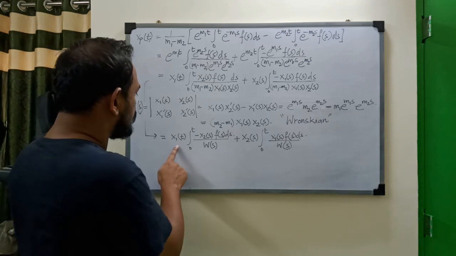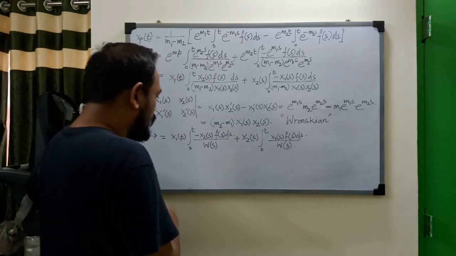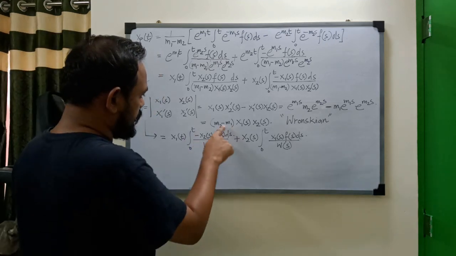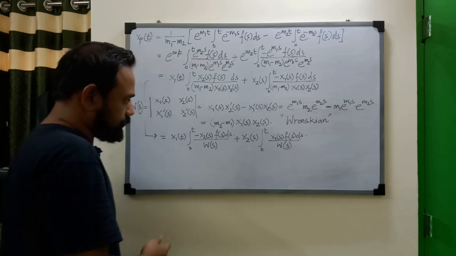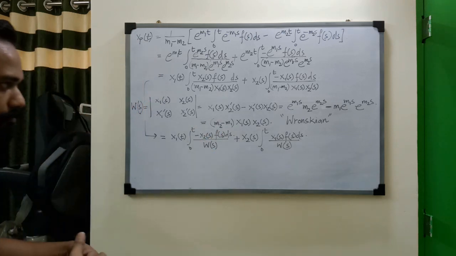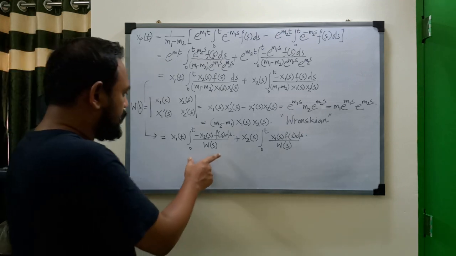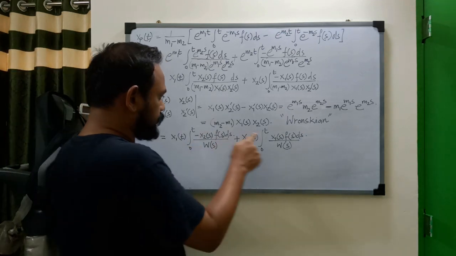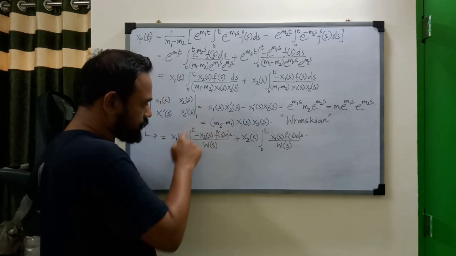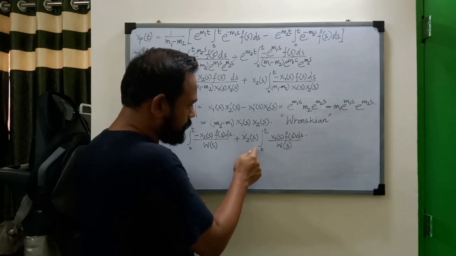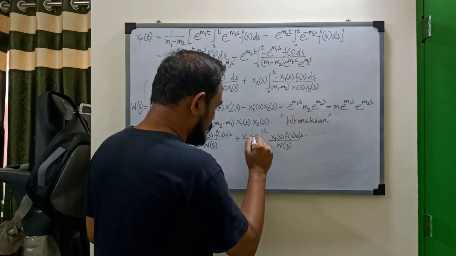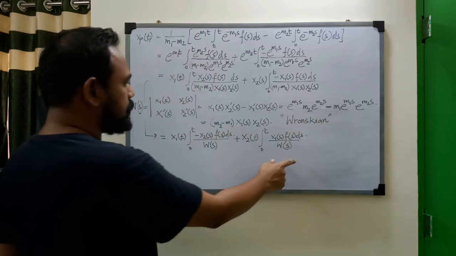Once you find the two homogeneous solutions, call them x1, x2, whatever you call them, the coefficients are the varying coefficients, and that's why the name variation of parameters. The coefficient is a function of t, as you can see. The coefficient of x1(t) is a function of t, and similarly for x2(t).